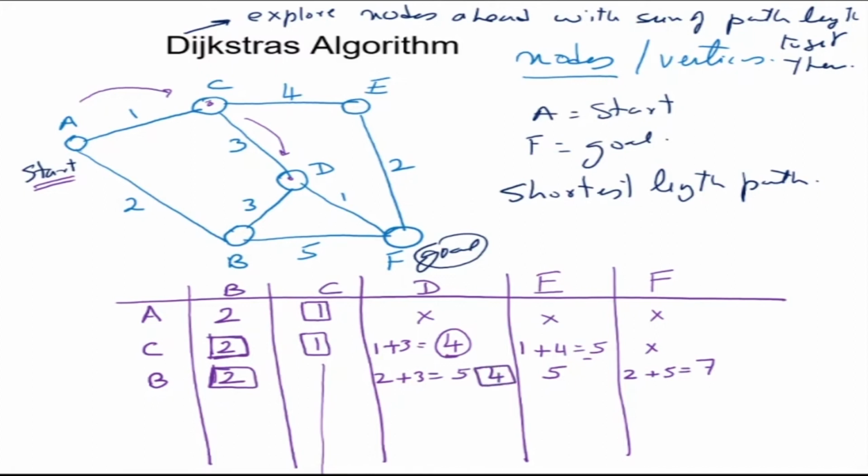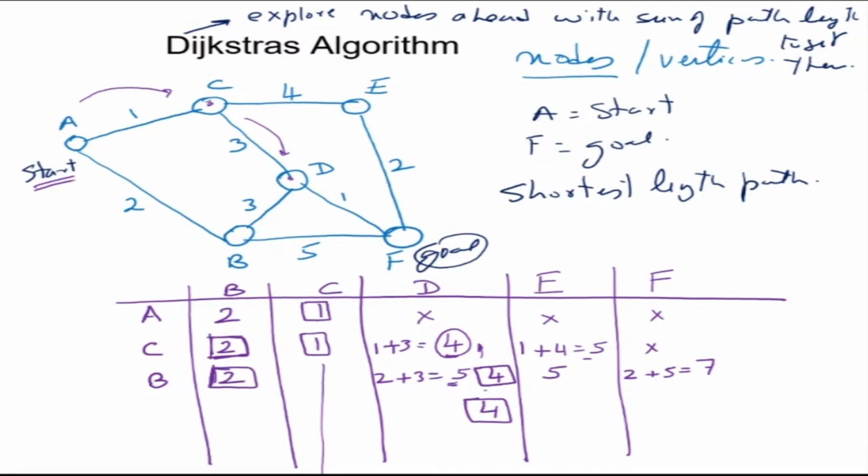Although B to D is showing 5, on top there is a 4. That means there is a path which has a lesser cost, and so I bring the 4 down and box it. In this row 4 is the smallest, so I make a box on 4 and I bring it down.